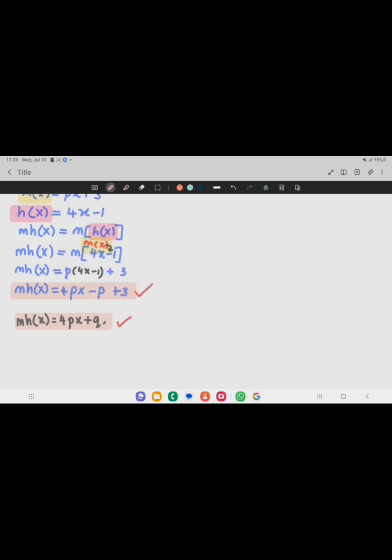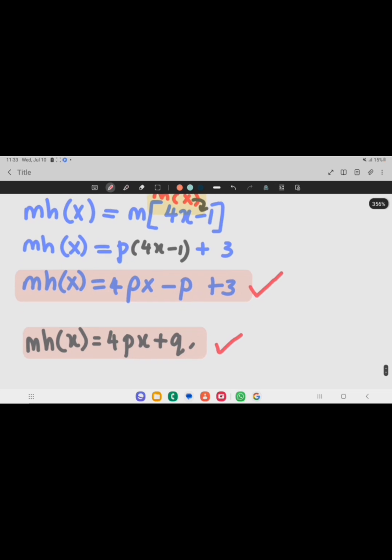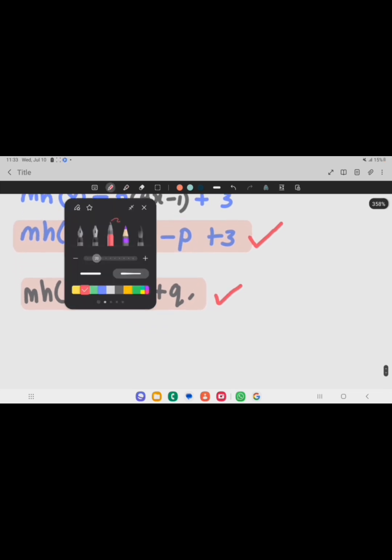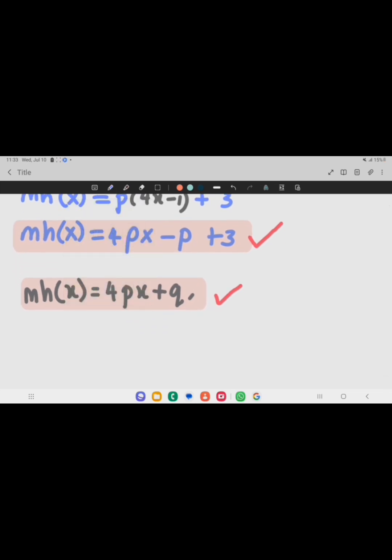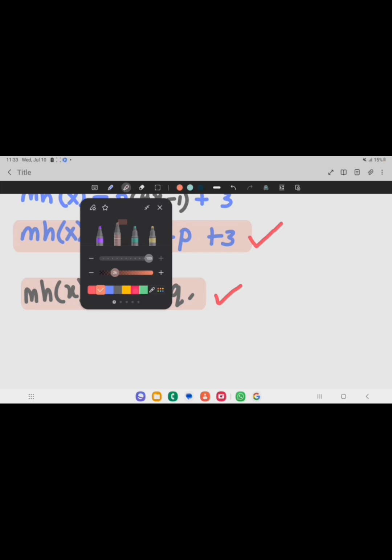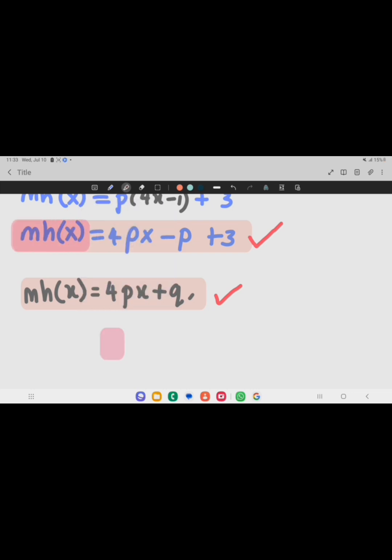This is the one you found just now using the m and also h function given to you. So as I've explained in question number 2, whenever you have two exactly the same subject, this one also mh(x), this one also mh(x).